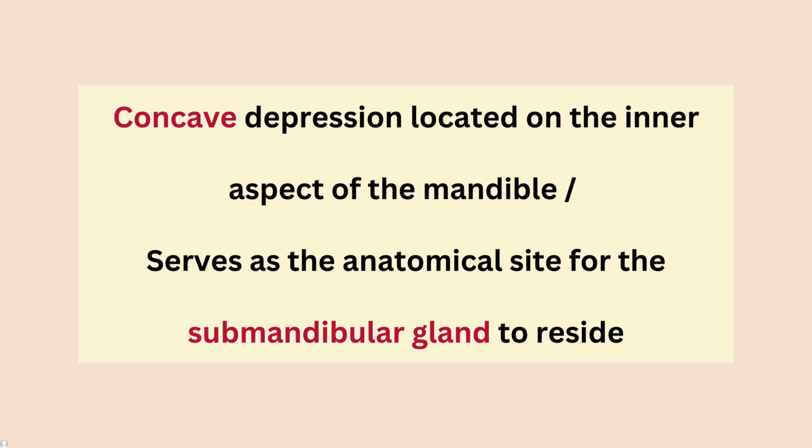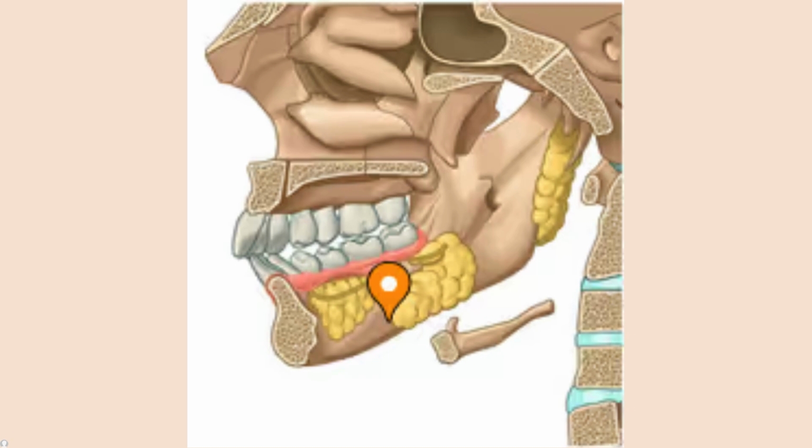So as the name suggests, the submandibular fossa is where the submandibular gland is located. Here is the exact location of the submandibular fossa, and the yellow part surrounding it is the submandibular gland. So as you can see, it is located on the inner aspect of the mandible, inside, not outside.